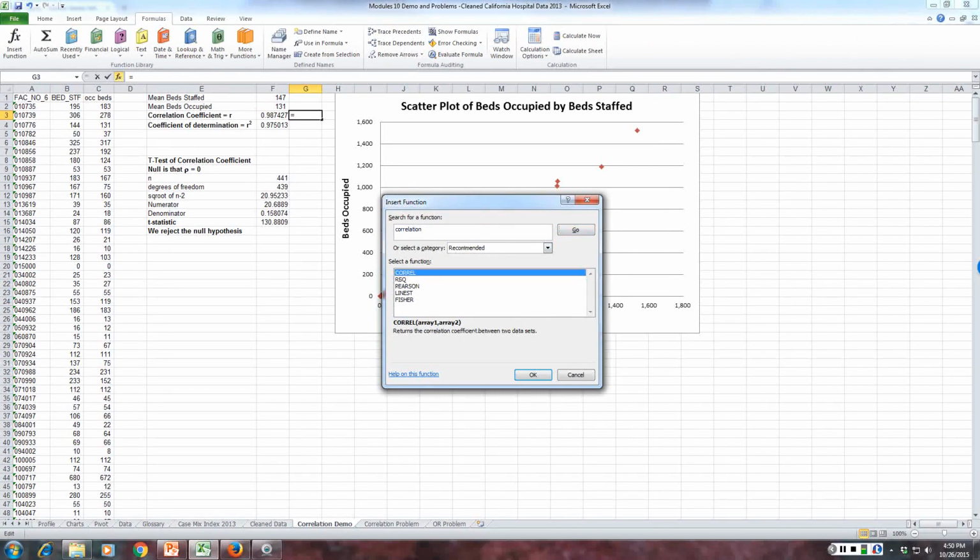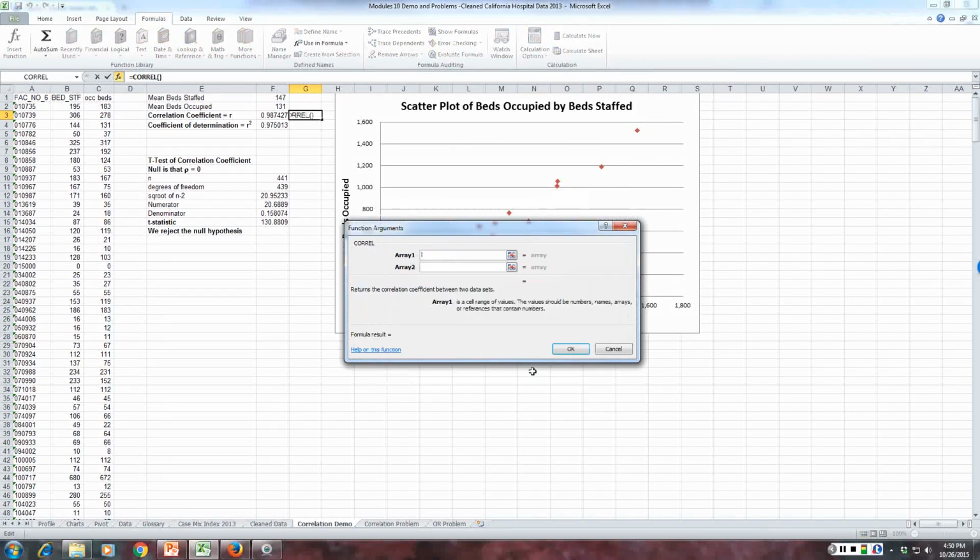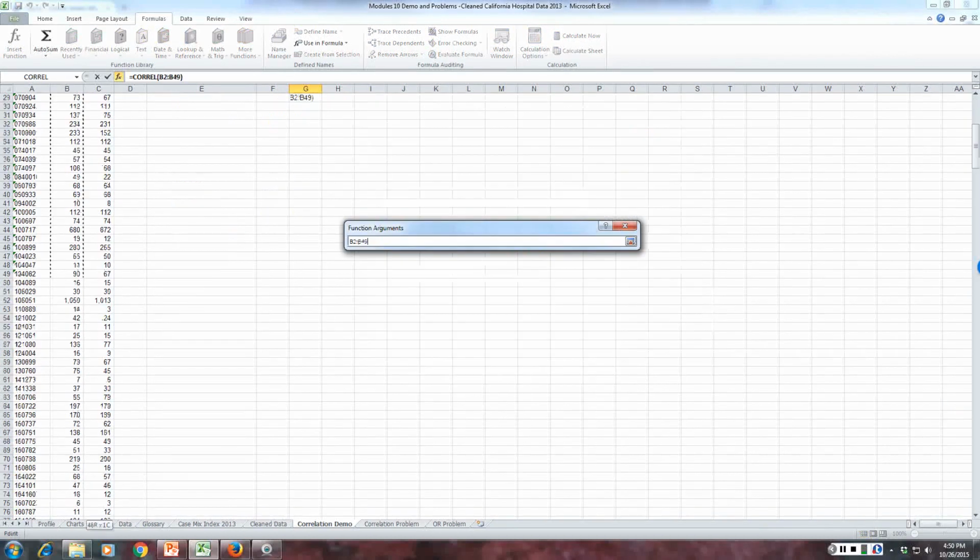Here we're just interested in the correlation coefficient. You select this thing called Correl. You could also select Pearson as well. Let's select the correlation coefficient here. Anyway, select this, then you click on Array 1 in the data.